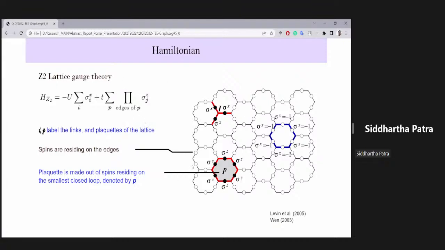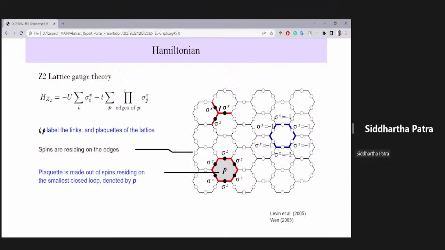These non-local operators form plaquettes as shown in the figure on the right side. Plaquette means the smallest closed object that you can form in the lattice. The spins residing on the links of the lattice form those plaquettes.